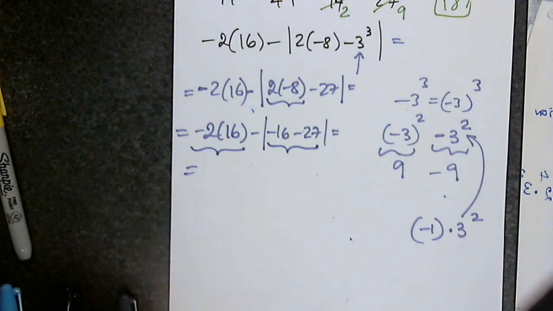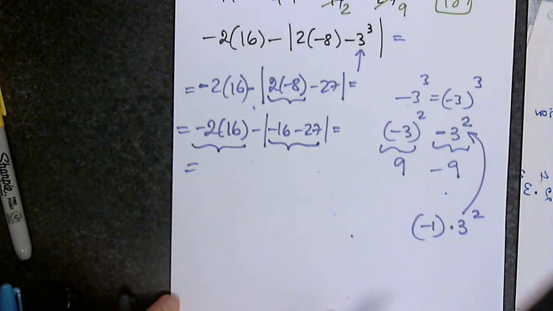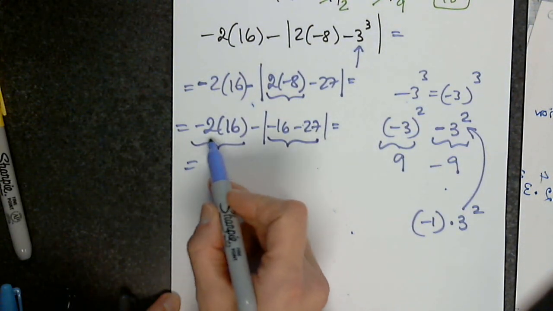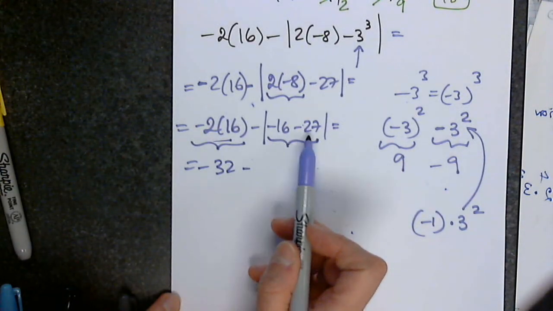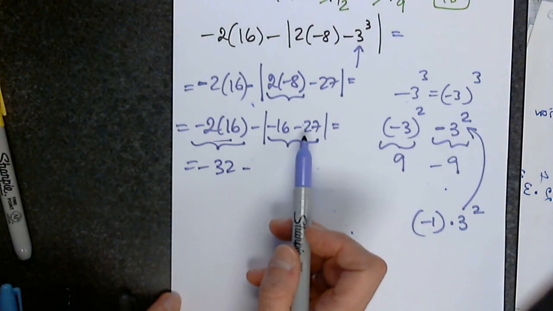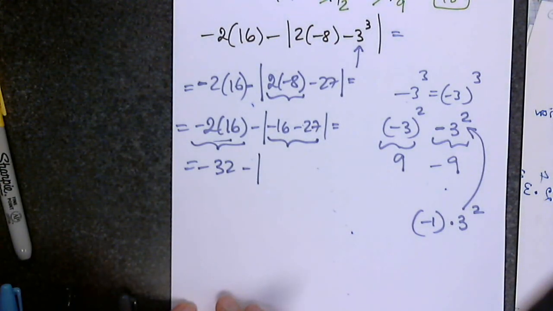But I was focusing on the order of operations and clearing the absolute value inside. Good. What is this? Negative 42. Excellent. Minus. What is this? Negative, or would be absolute value of negative 43.